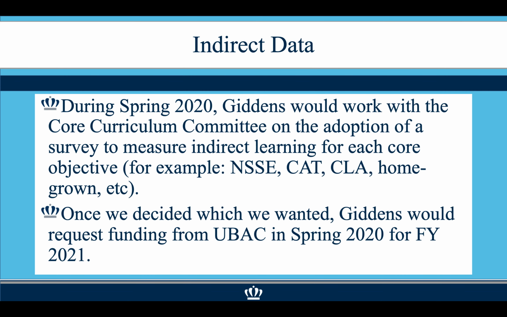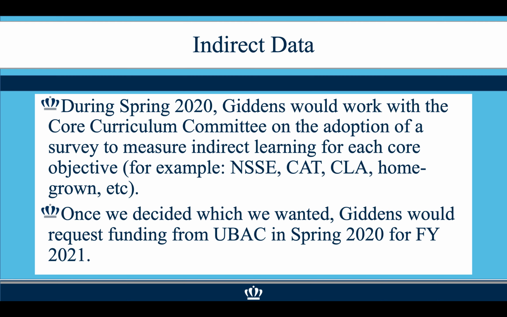So, some ideas for indirect data. I didn't focus on this too much during this presentation because the direct assessment is more time consuming. But the indirect data is also required by the coordinating board and SACSCOC. My recommendation is that during spring, I would work with the core curriculum committee on the adoption of a survey to measure indirect learning for each core objective.